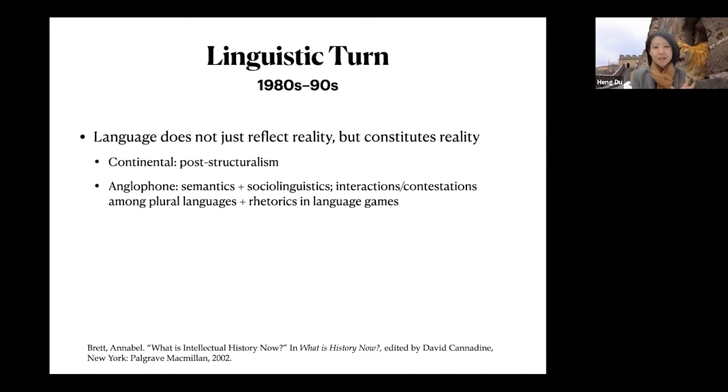They're interested in thinking about intellectual history as this interaction or even contestation of different actors, agents playing the same language game, or even playing different language games that are then interacting with each other.